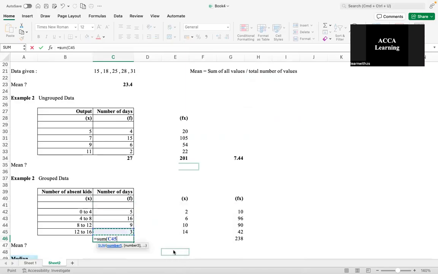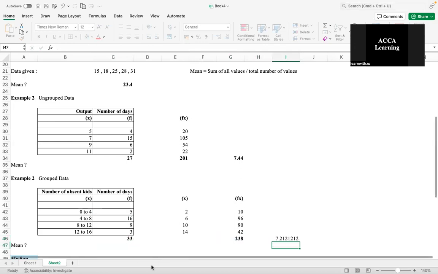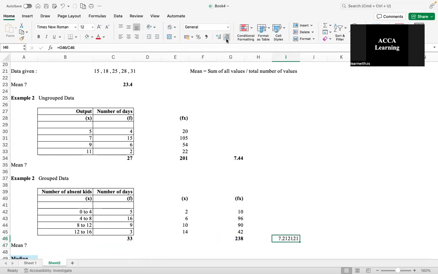So sum of 5 plus 16 plus 9 plus 3, you get 33. Now, your mean would be 238 divided by 33, which gives you 7 point something. You could get this to 2 decimal places, which is 7.21.